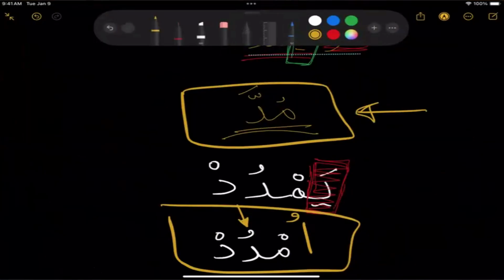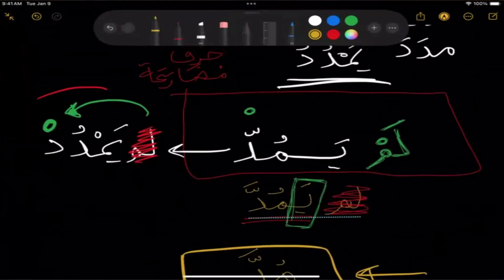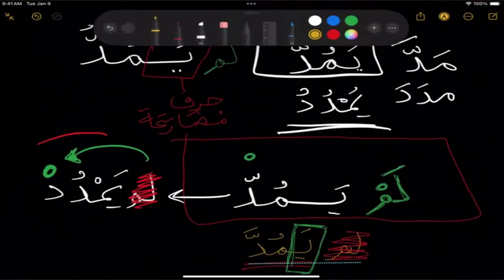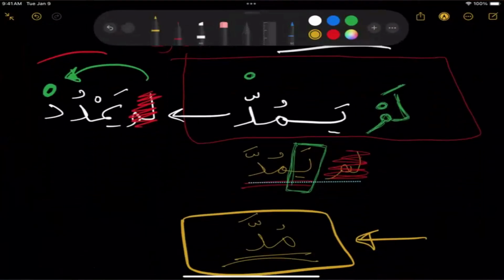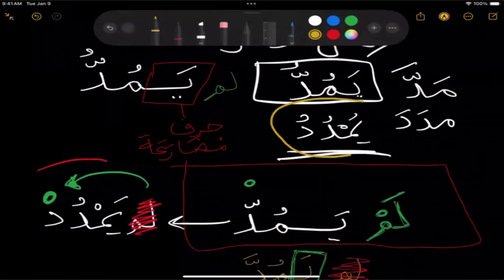So originally it's yamdud. Then what happened? Okay. So originally it's lam yamdud. So originally it's yamdud. Here's the origin. Yamdud. But we cannot say yamdud. We must merge the dals.